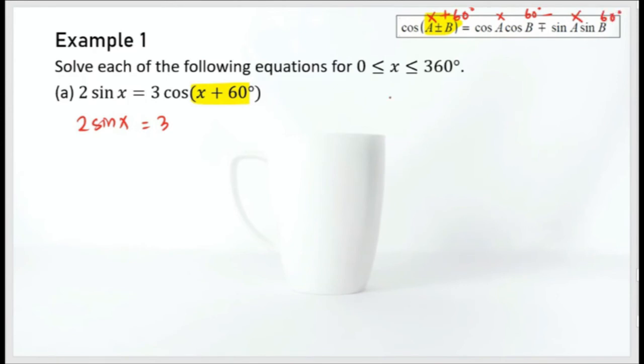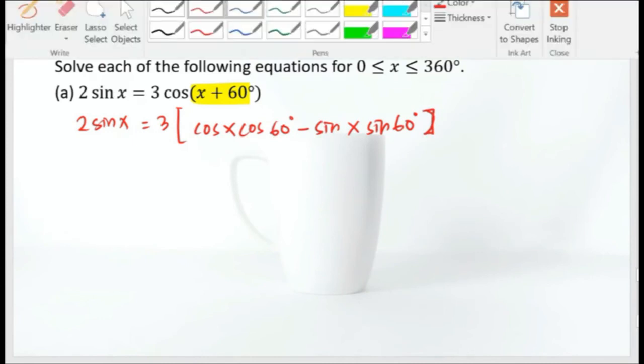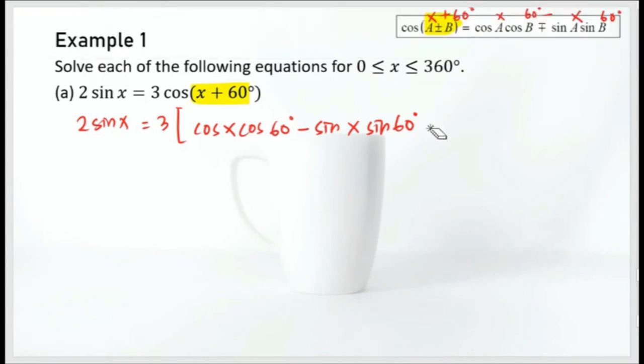Okay, we change it. Cos x cos 60 degree minus sine x sine 60 degree. Now let's say you have no calculator. Then how are you going to find the value for cos 60 and sine 60?